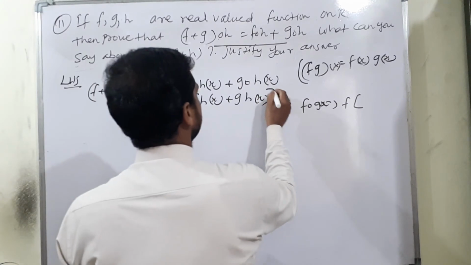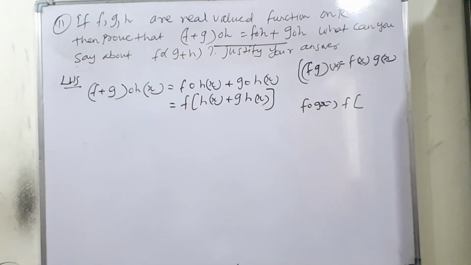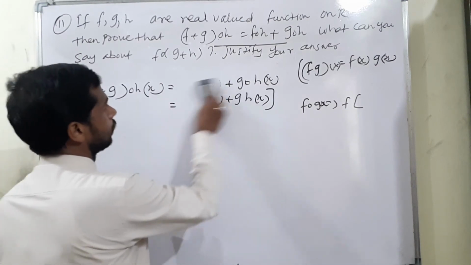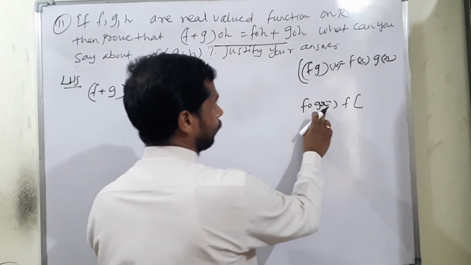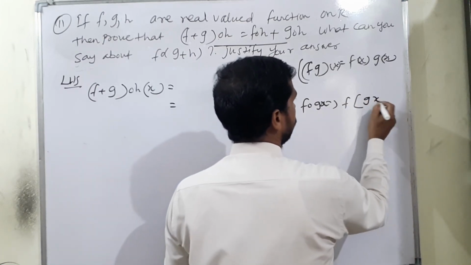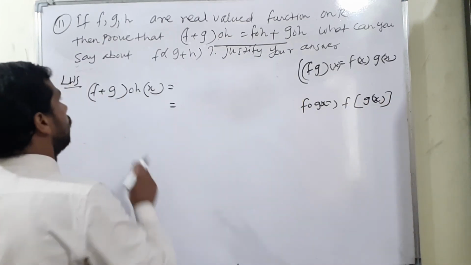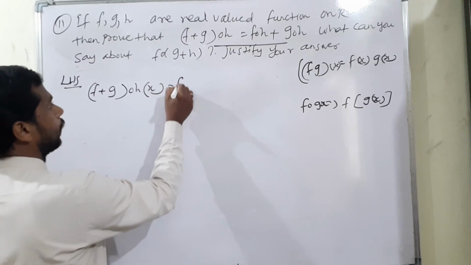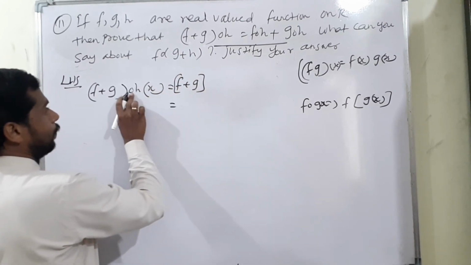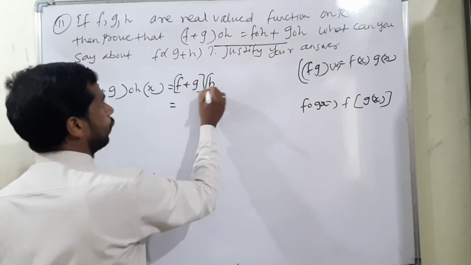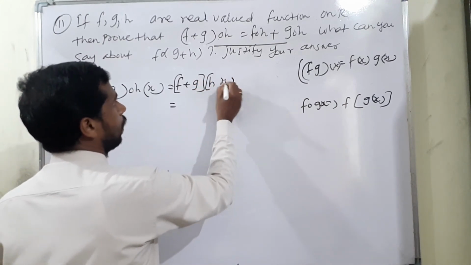Similarly, already you know the point. f dot g of x means f of g of x. Therefore, here the dot is there. Now directly we can write: f plus g of, if you remove the dot, one bracket will come, f of h of x, isn't it?